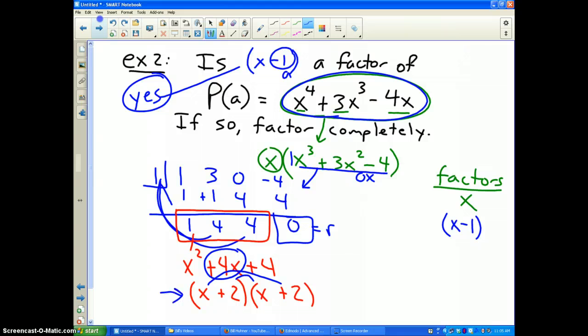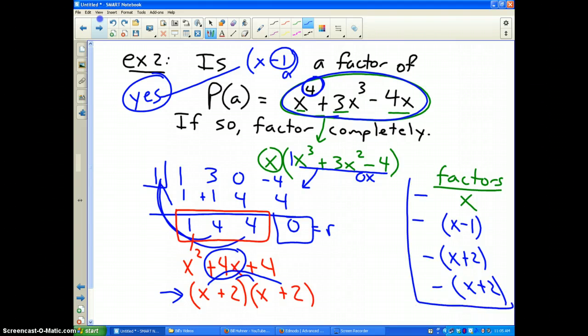And here are my final two factors. I've got two x plus 2's. Now again, my highest power is 4, so I should have 4 factors. The number of factors should match. And there you go. I have now factored completely.